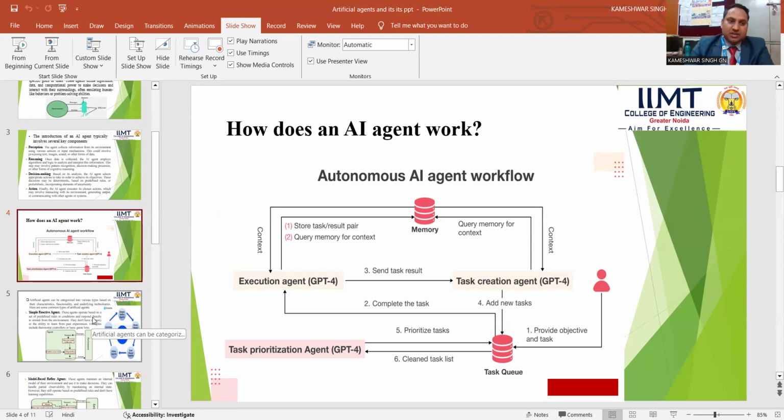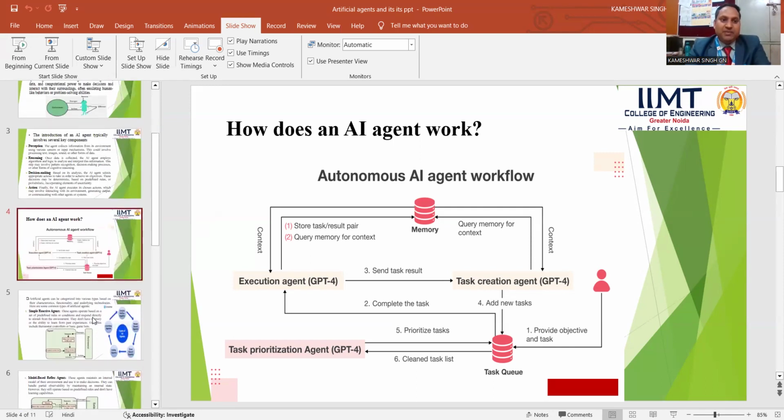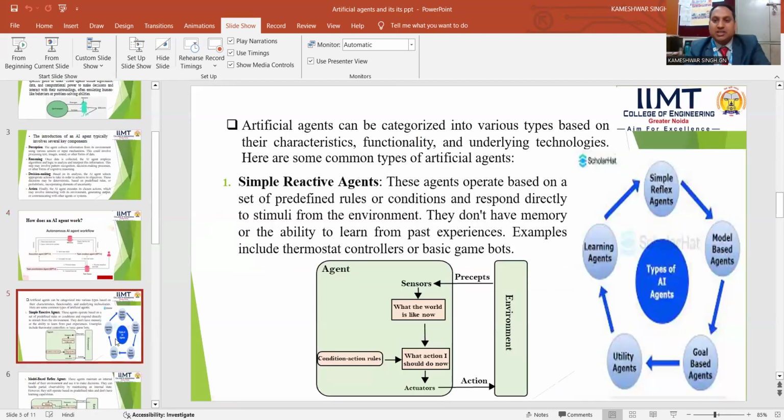There are five kinds of artificial intelligence agent types. First is the simple reflex agent. Second is the model-based agent. Third is the goal-based agent. Fourth is the utility agent. And fifth is the learning agent. So these are the five types of agents which are proposed today.